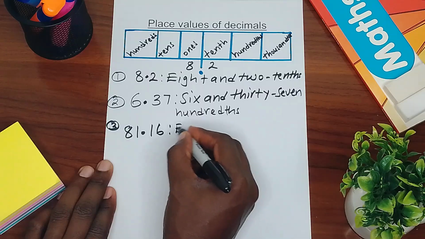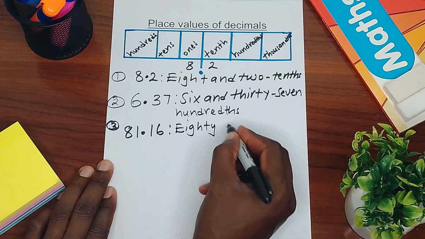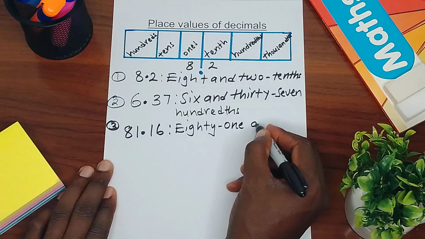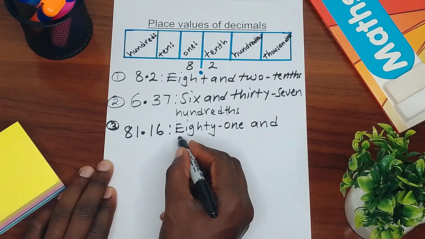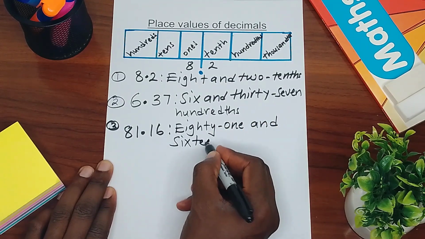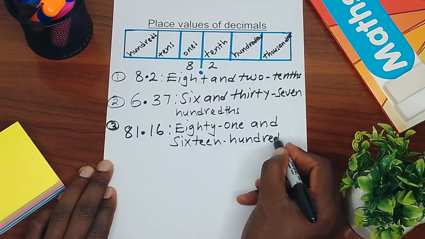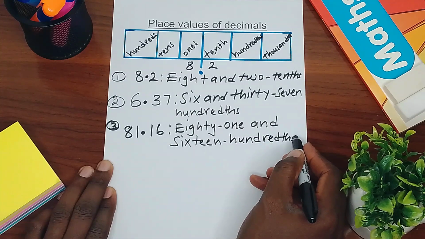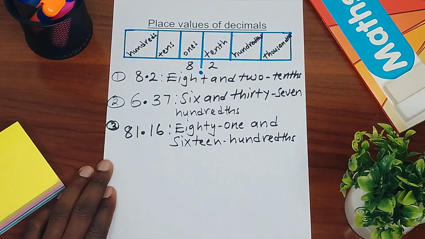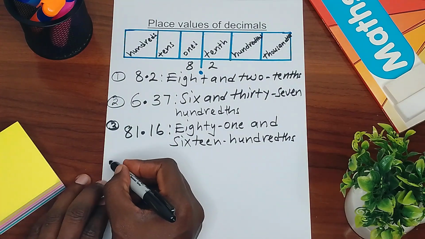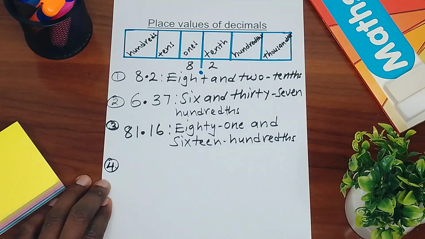So we write 81 and 16 hundredths. Most times students are confused on how to write this in words, and so this should be a great guide to you, dear students, as you continue to write decimals in word form. This is the guide.